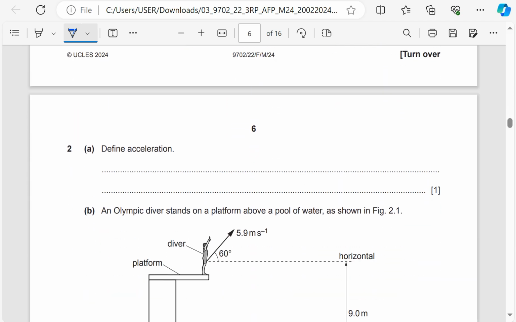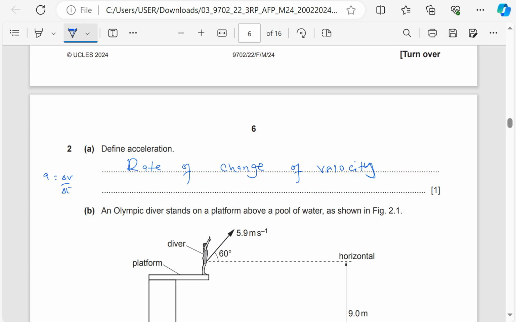Question number 2. Define acceleration. Of course, we know that acceleration is change in velocity over time. So we can define acceleration as the rate of change of velocity.